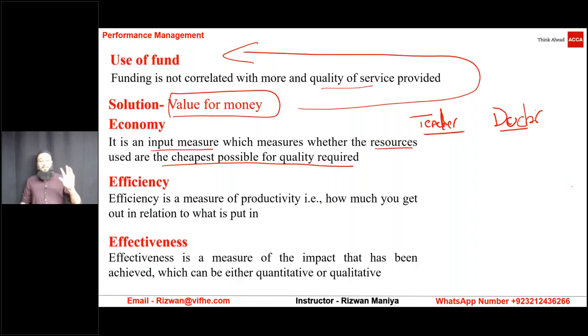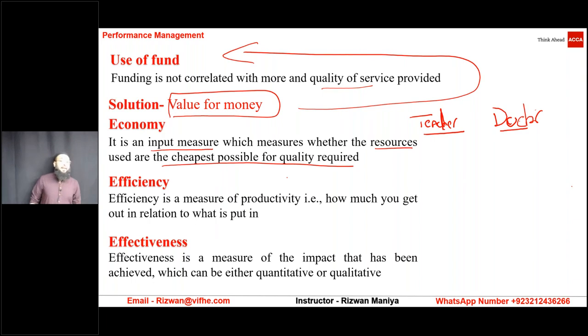Economy says whatever resources you are inputting to give a service, like teachers or doctors, the cost of these resources should be minimum. This means that the cost of the teacher should be minimum. It should be the cheapest possible teacher, the cheapest possible doctor.